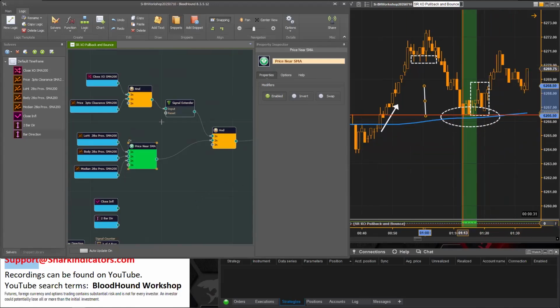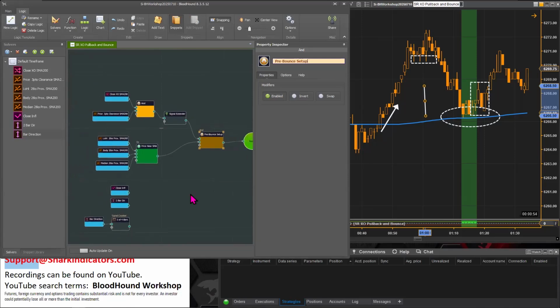And there we have it. So we can see all these bars are within 2 ticks of our SMA. So that is basically our bounce setup, I guess we could call it, or pre-bounce setup, something like that.